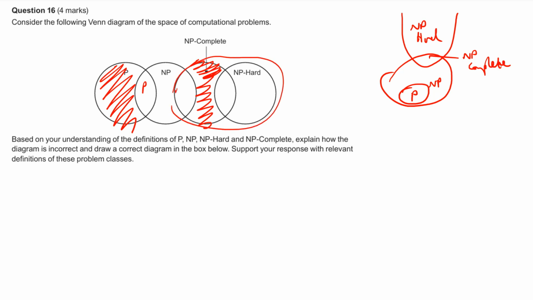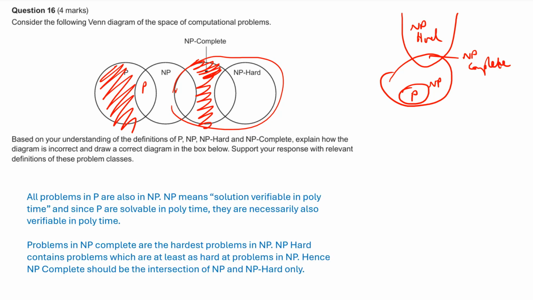So we now want to explain those errors in terms of the problem definitions, which I have done here. The first sentence of the first paragraph: all problems in P are also in NP. And now we've said why with reference to those definitions. NP means if you can verify a solution in polytime; if you can solve it in polytime, it's also verifiable in polytime.